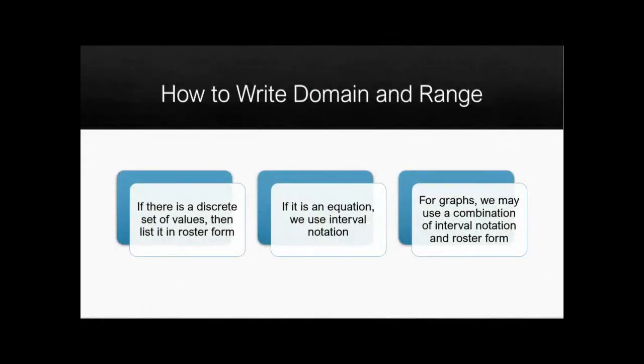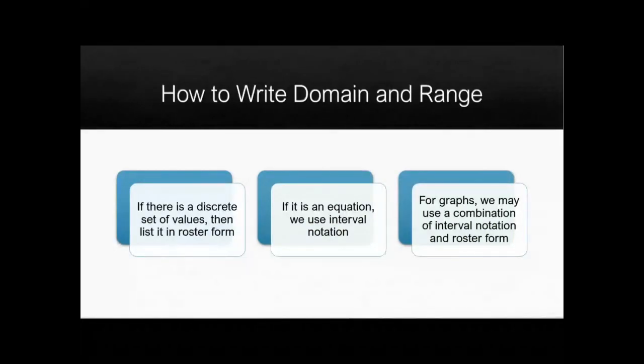So I've already sort of mentioned this, but when we're writing domain and range, if there's a discrete set of values, and discrete just means that you have like a specific number of values. It's not like you have infinite possible numbers, but there's an actual number associated with it. Then you would list them in roster form.